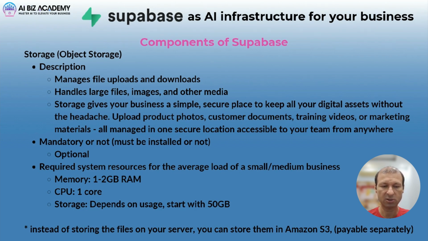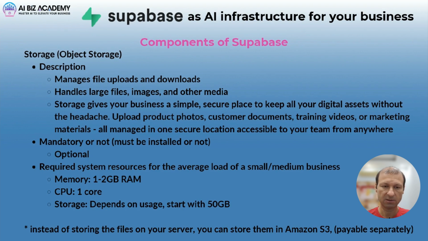This service is optional and requires 1-2 gigabytes of RAM and 1 core of CPU. As for storage, it depends on how much actual files you will store, but you can start with 50 gigabytes of SSD. As an alternative, you can configure storage to delegate the actual storage of files to Amazon S3.